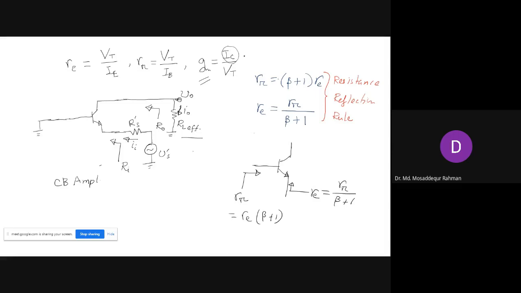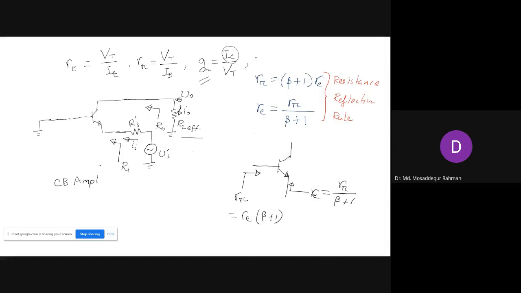So this is another criterion to select a suitable value for IC. It will support your load current, and also to set the gain of the amplifier to a certain value, you have to adjust the value of IC accordingly. That is another important role IC plays in designing the amplifier.